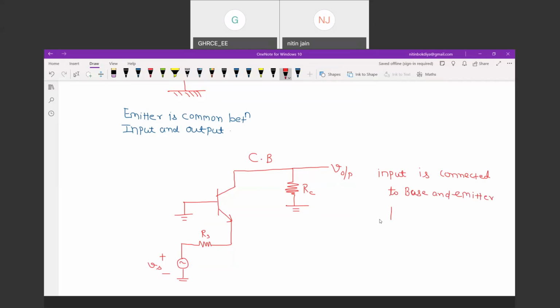You can say your base is connected to, let's say this is base terminal, and output is taken across collector terminal.